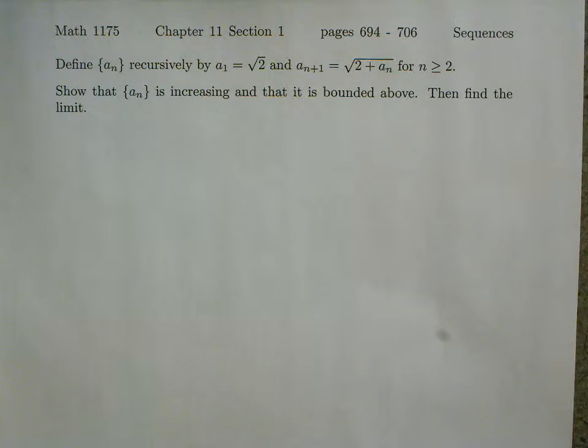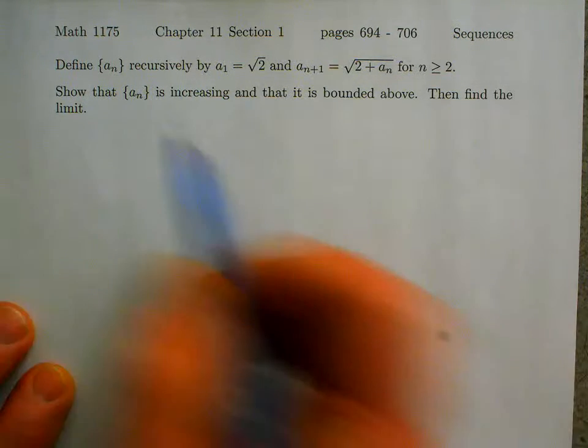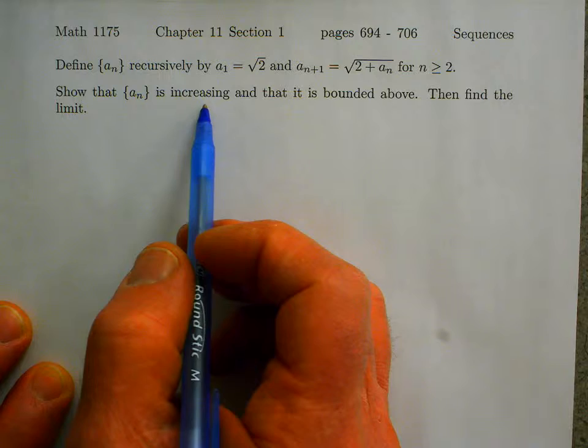If a sequence is increasing, that means it's monotonically increasing, and if it's bounded above, the monotonic sequence theorem says that it has a limit. Okay, so the first thing we'll do is show that it's increasing.